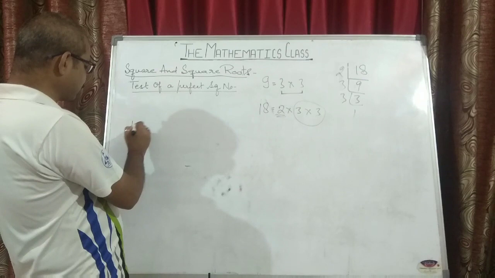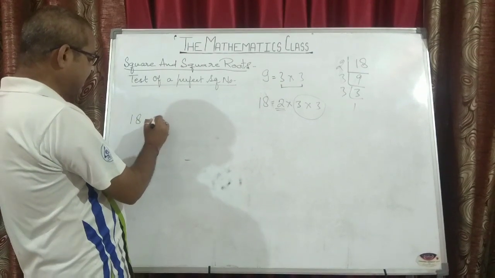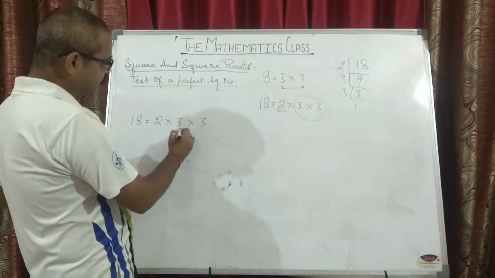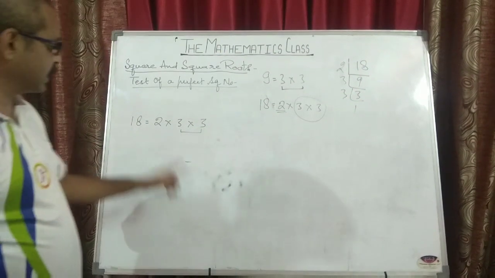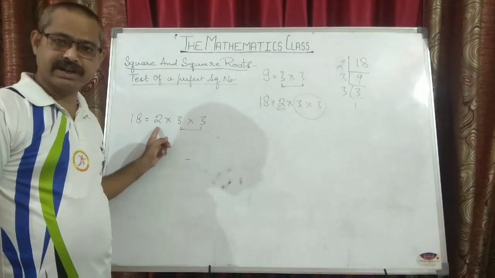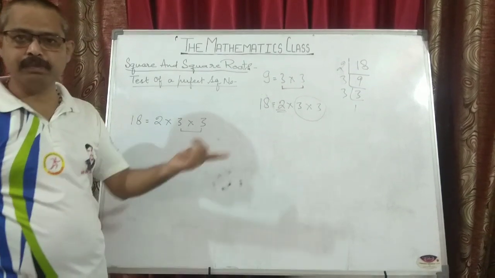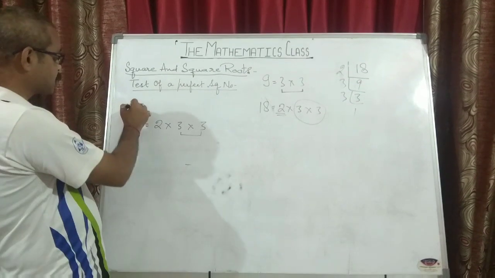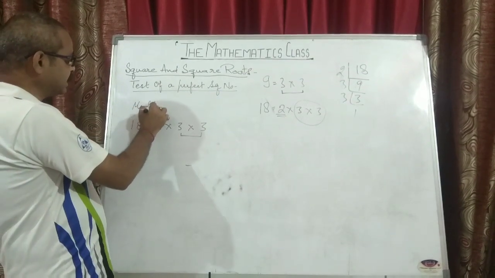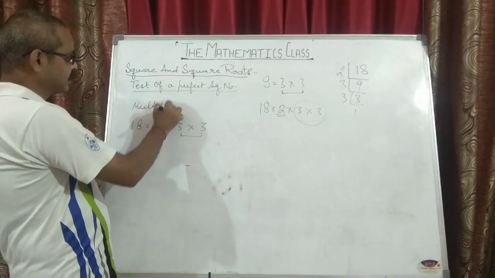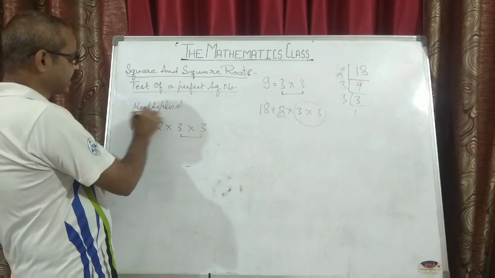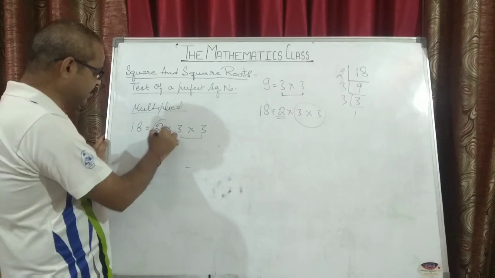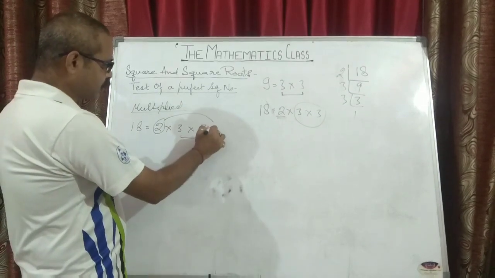Now suppose the question is, by what should 18 be multiplied to make it a perfect square? You can see that 18 has a 2 which is not in a pair. The question asks what should be multiplied, so if you multiply one more 2 in this, what will you get?